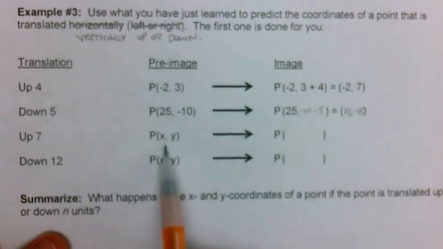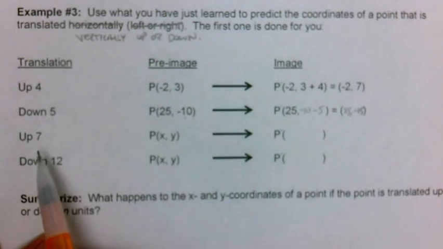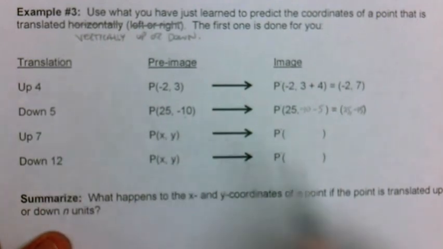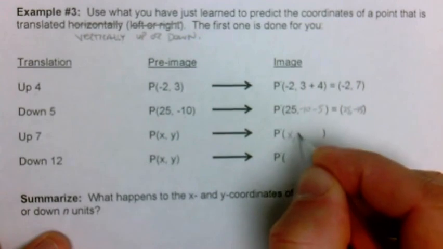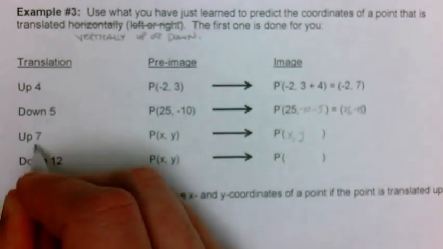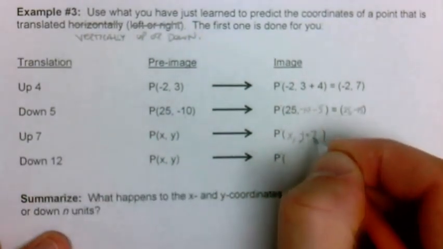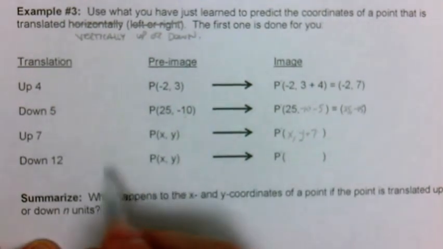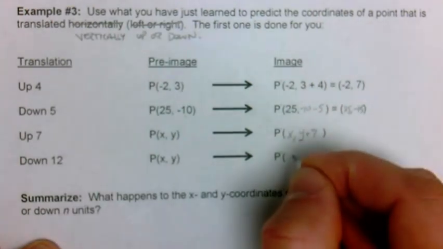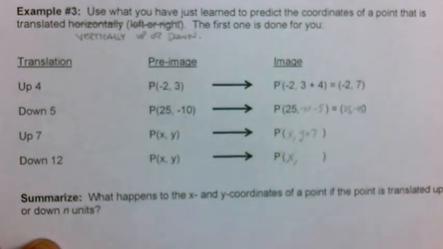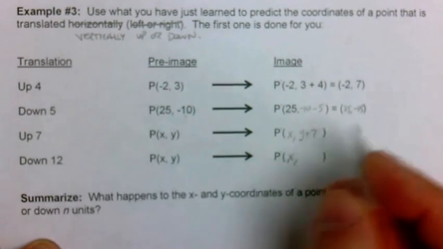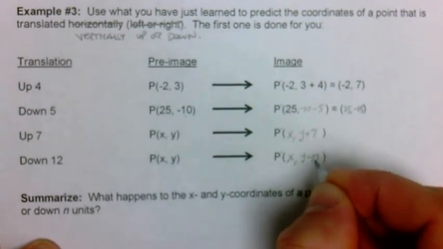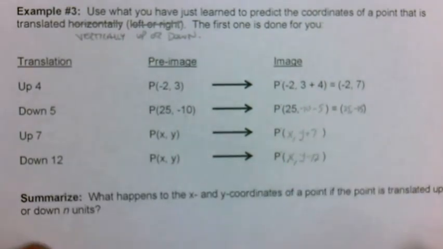If I took any random point x comma y and moved it up 7 units, the x-coordinate will be unchanged, but your y-coordinate, since we're moving it up, will have to add 7 units to it. If you took some point x y and moved it down 12 units, again, your x-coordinate is unchanged, but since we're moving down 12, your y-coordinate is going to decrease by 12, y minus 12.